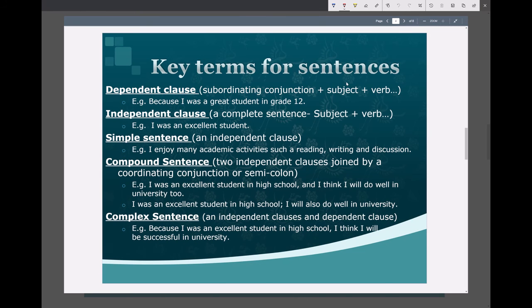An independent clause is actually simpler than a dependent clause because it doesn't have a subordinating conjunction. A simple subject and verb sentence is enough to make it independent. I is the subject, and was is the verb. And then you have the object here. Well, I was an excellent student. And that's kind of it, really.